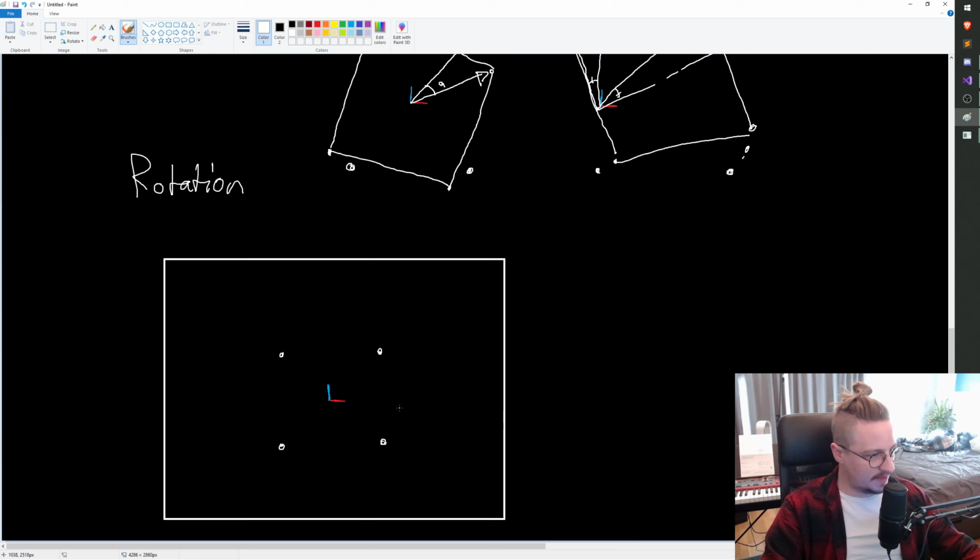So first we translate, and here's where it becomes kind of obvious that the order matters. First we translate. So it's gonna move to the right. It's gonna translate by 1. So it's actually gonna end up here on the corner. So all the vertices are gonna move to the right by 1. So that's gonna end up being at the corner of the NDC square.